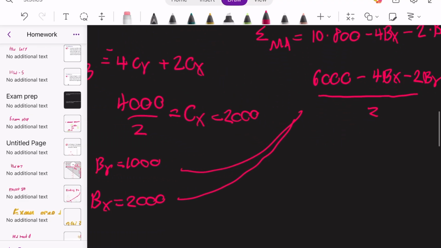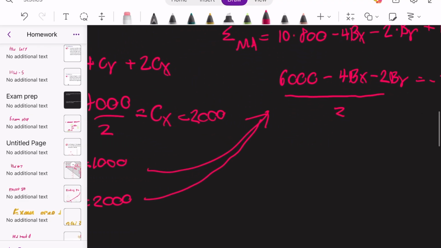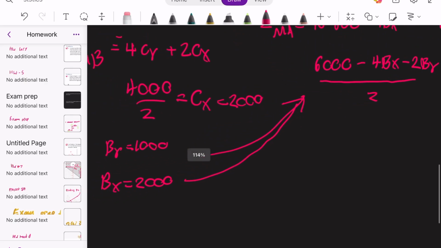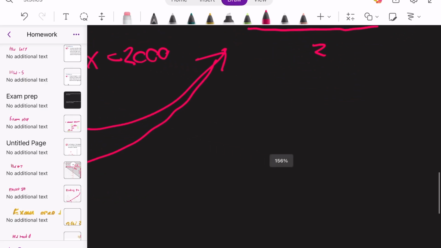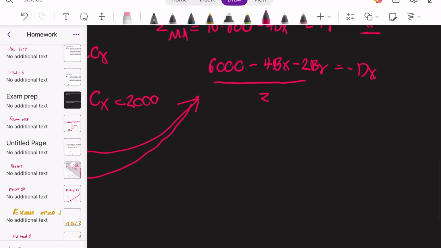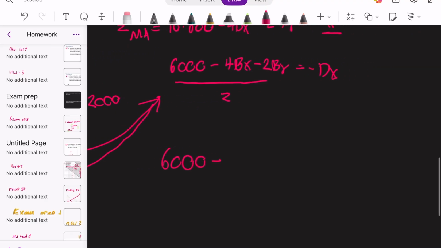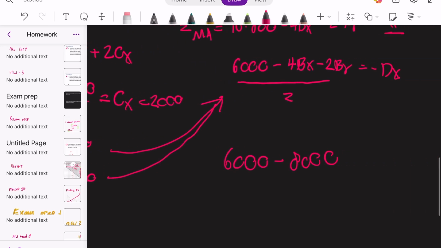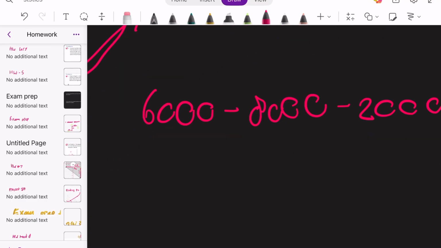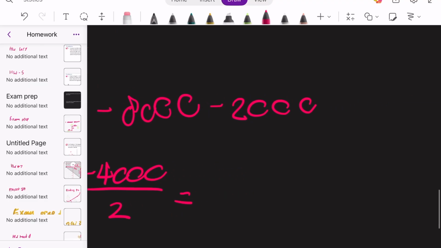To find that. All right. So 6,000 minus 4 times Bx minus 8,000 minus 2 times By, which is just 2,000, which is going to be negative 4,000 divided by 2 equals 2,000.